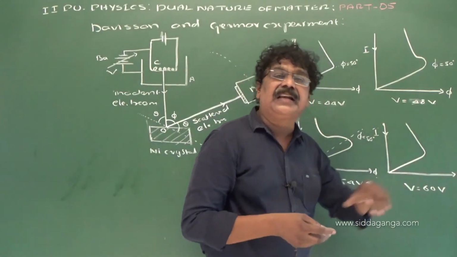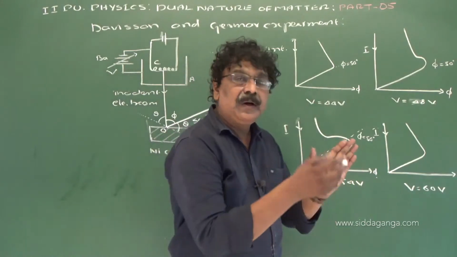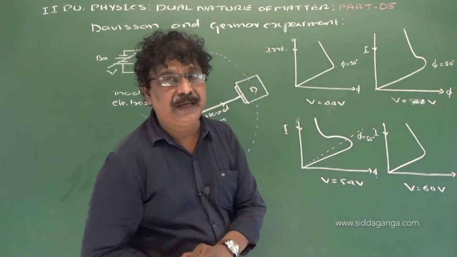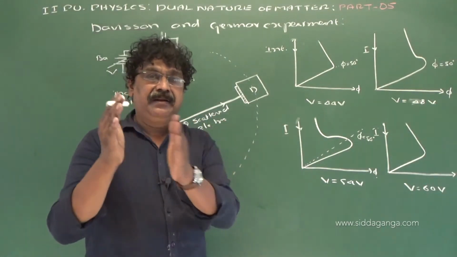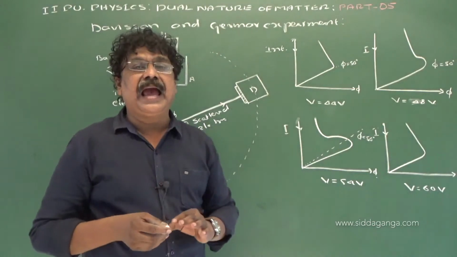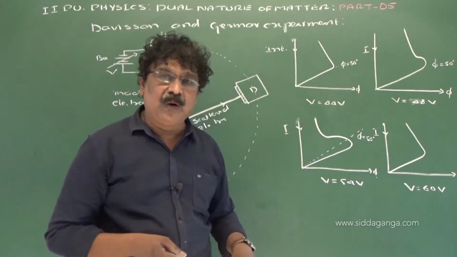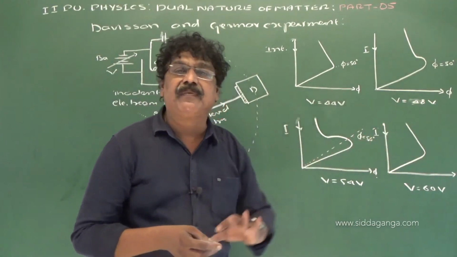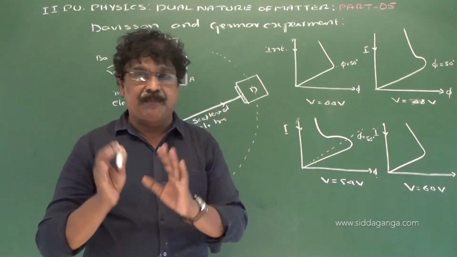On further increasing the voltage beyond 54 volt, the size of the bump gradually decreases. That means the size of the bump at 50-degree angle of scattering is maximum at 54 volt, and below 54 volt and above 54 volt, it becomes smaller.